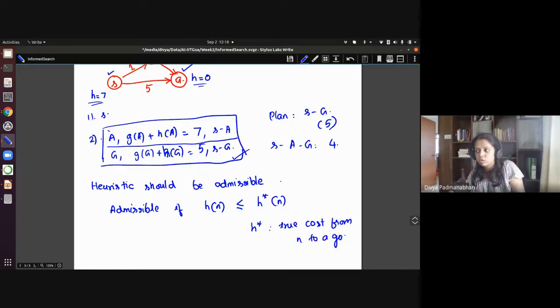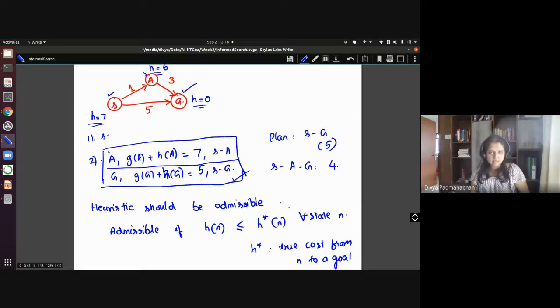And this should be true for every state n. Now you don't know what h star of n is. How do we come up with this? That is a valid question, if you're thinking that.